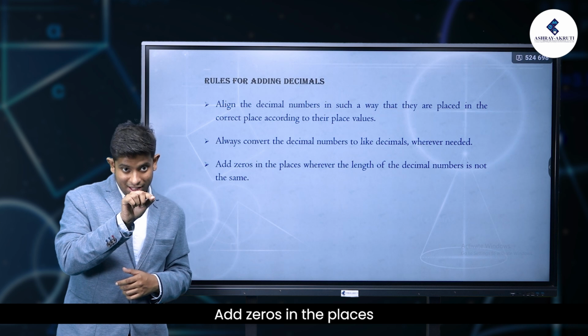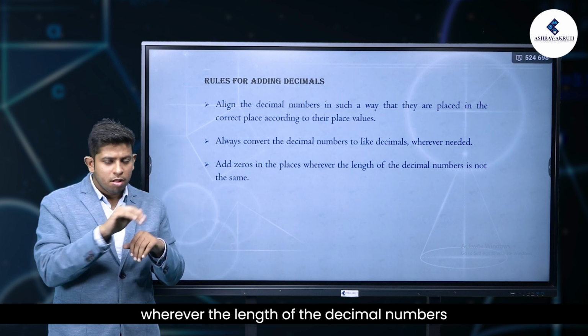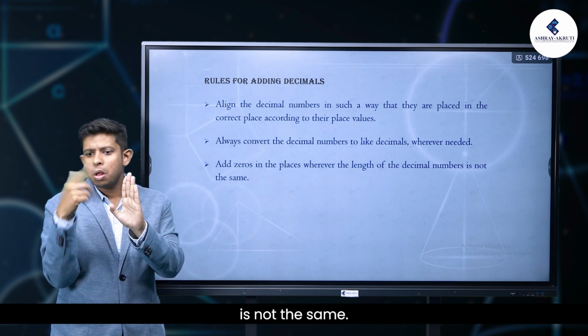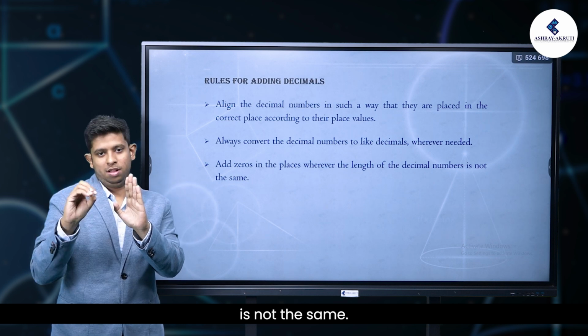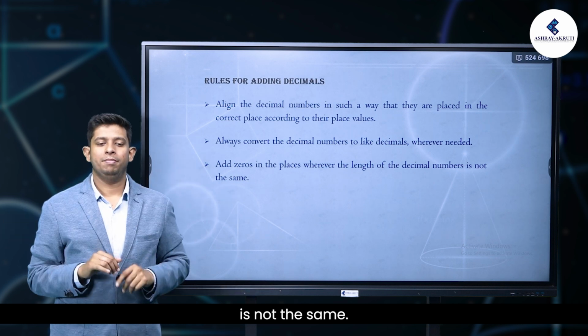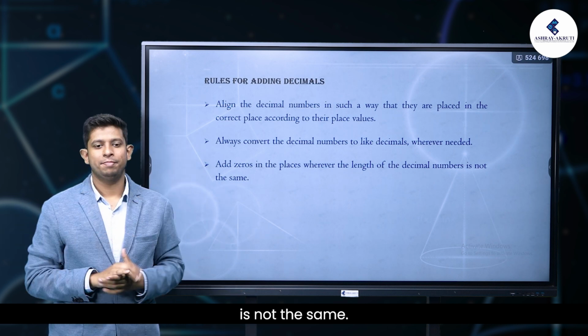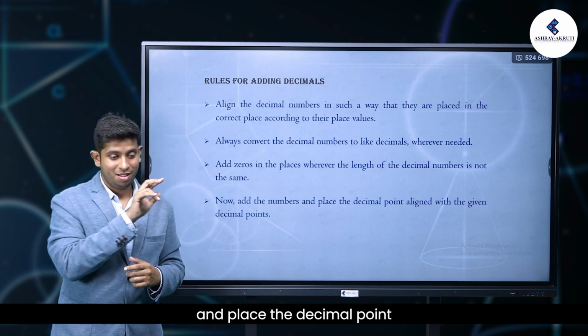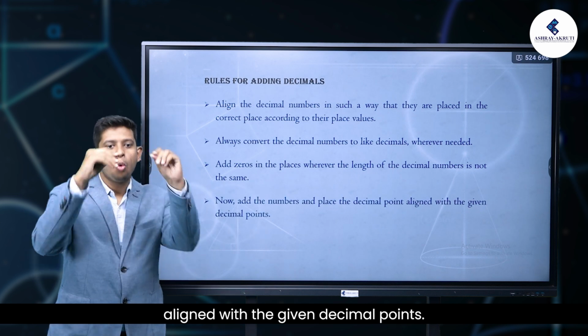Add zeros in the places wherever the length of the decimal numbers is not the same. Now add the numbers and place the decimal point aligned with the given decimal points.